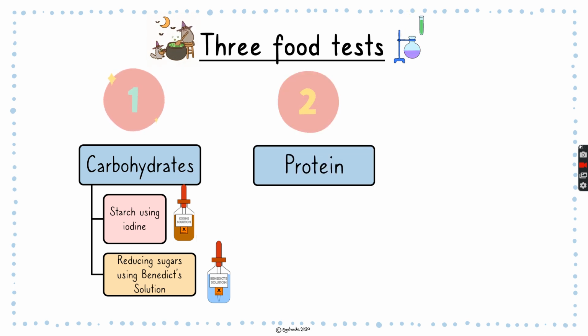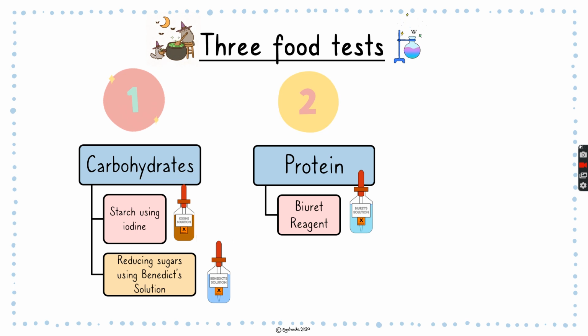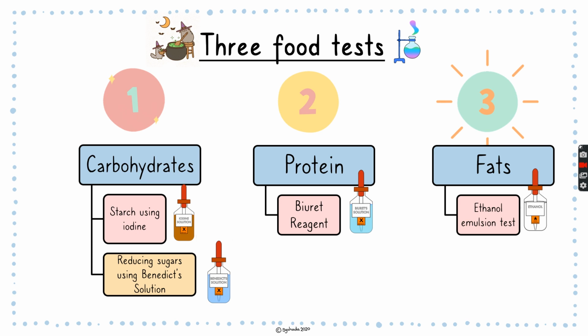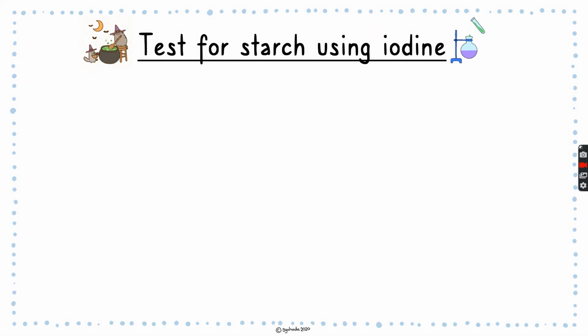Second group of food we're going to test is protein, and this is called the biuret reagent that can help us identify if there's protein present in the food sample. The third type of test is food test for fat, and the type of food test here is called the ethanol emulsion test, and you're going to use ethanol solution here.